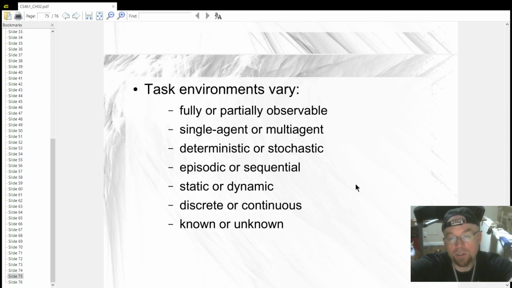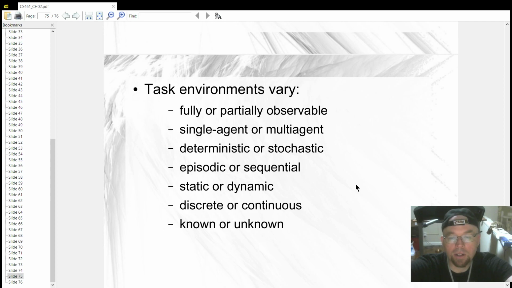Episodic or sequential? Do you only ever take into consideration one particular percept, or do you remember all the percepts that led up to this particular instance of time? Static or dynamic? Does the environment change while the agent's making a decision, or does it not? Discrete or continuous? Remember, that's talking about time.